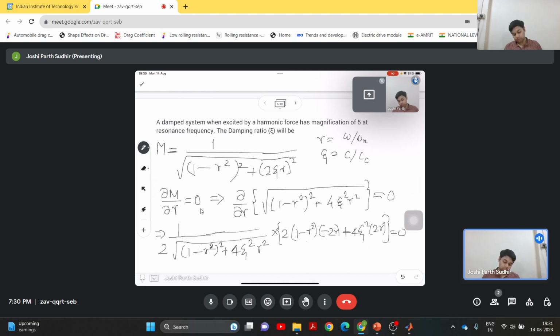So minus 4r plus 4r cube plus 8 zeta square r is equal to 0.